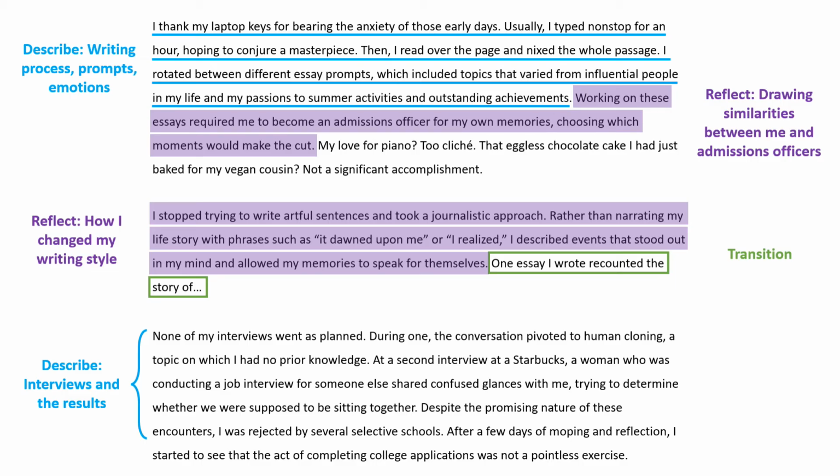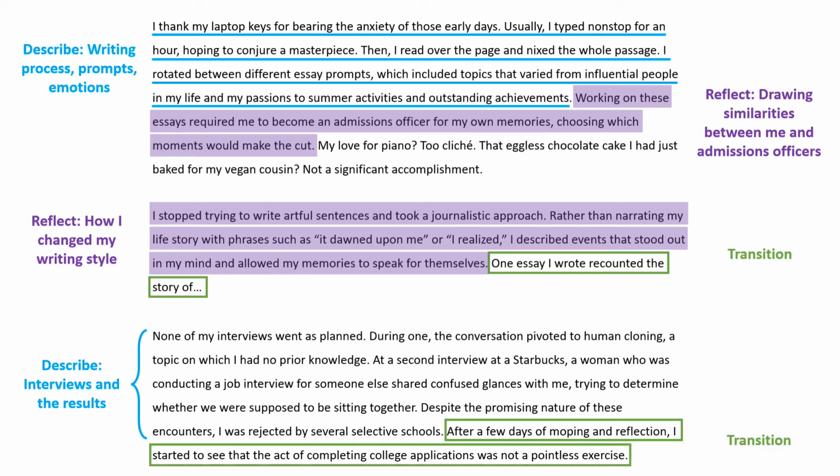Right after, I transition into another paragraph by stating that I realized that this process, despite some rejections, was not pointless. This signals that I am about to talk about why the college application process was important in my journey of self-growth in the next paragraph.